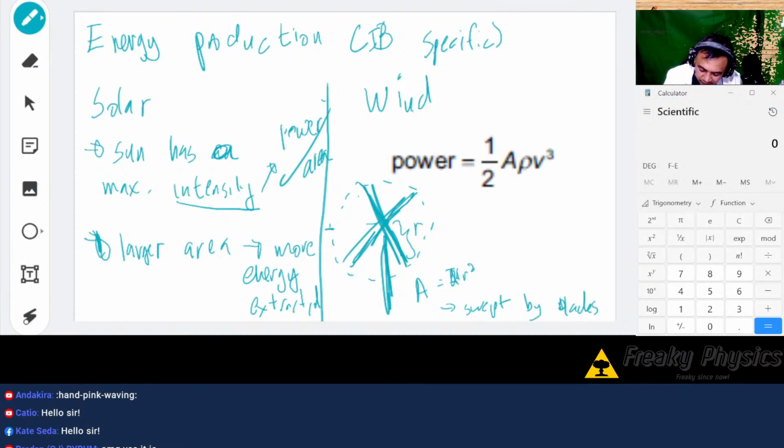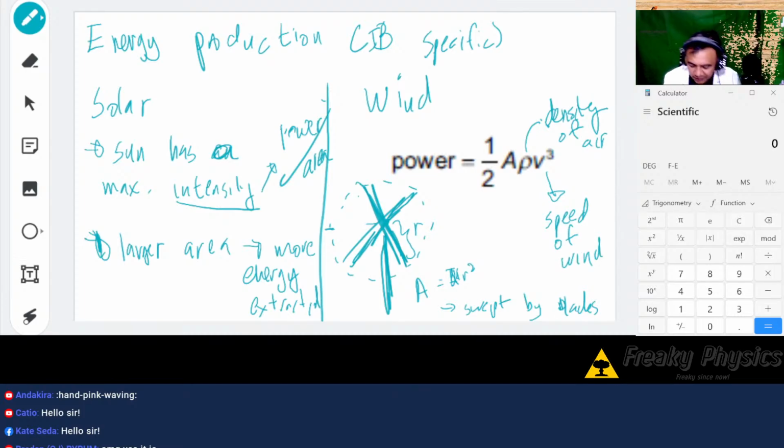Now this is the density of air, and this is the speed of the wind. Basically this is telling you that this is the maximum power extracted by a windmill.